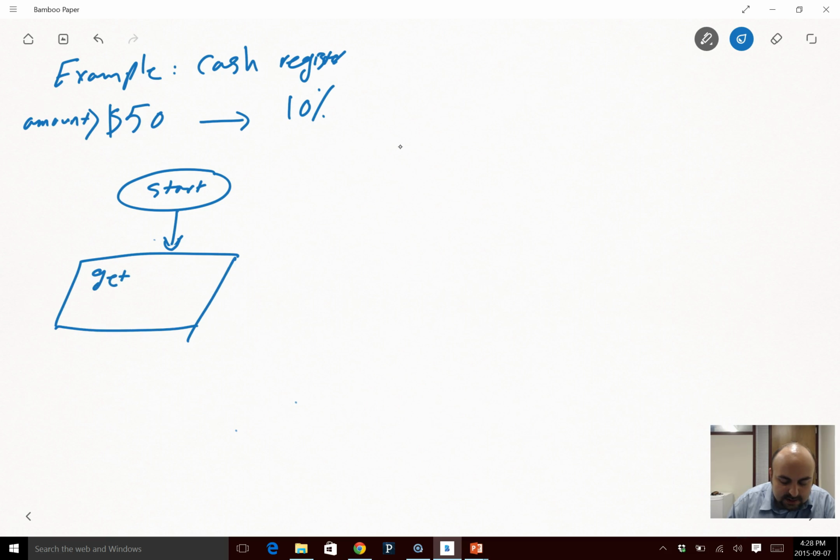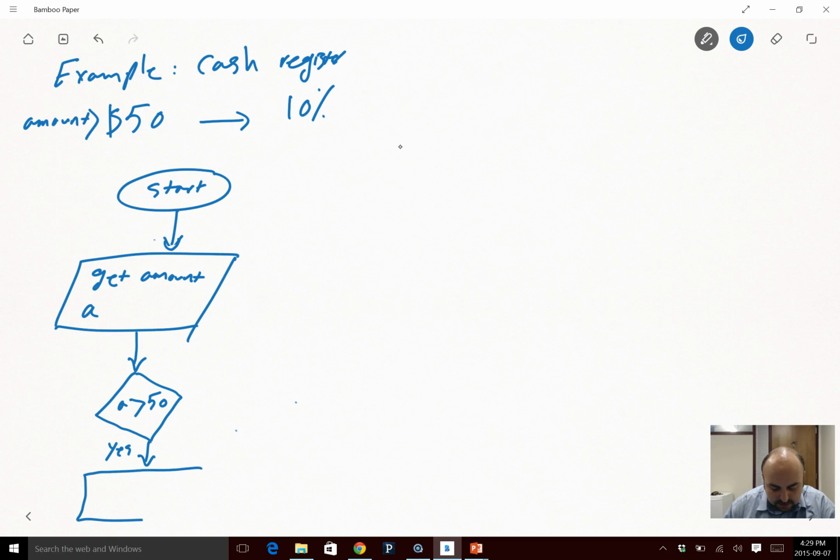You would say get amount A, and then here we have a decision to make, so we'll put a diamond, and we're going to say if A is greater than 50, if yes, you'll do some calculations, meaning you would say A equals A times 0.9. So that means you're giving them 10% off.